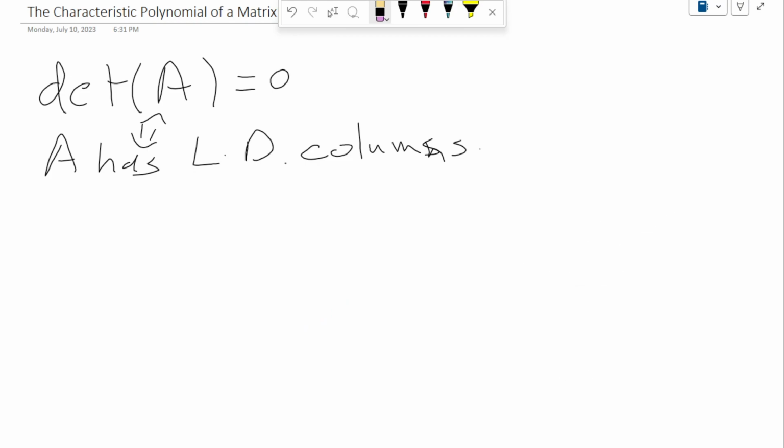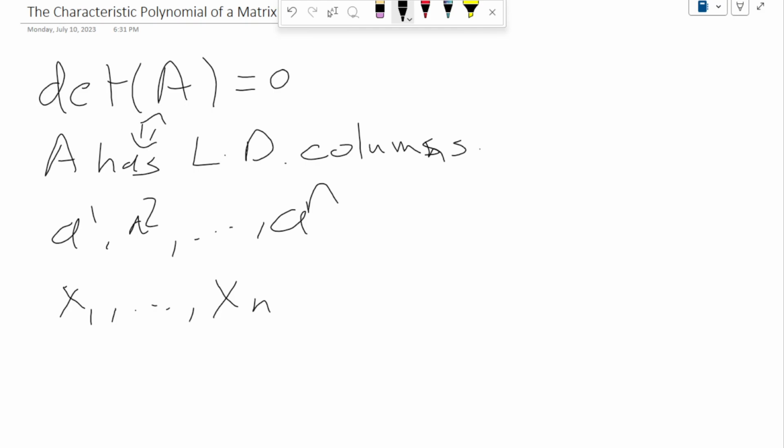So let's assume now that A has linearly dependent columns, right? And I'm going to call the columns of A, A1, A2 through AN. So for these to be linearly dependent, there have to be scalars, and I'm going to name these scalars x1 through xn, such that not all of them are 0.